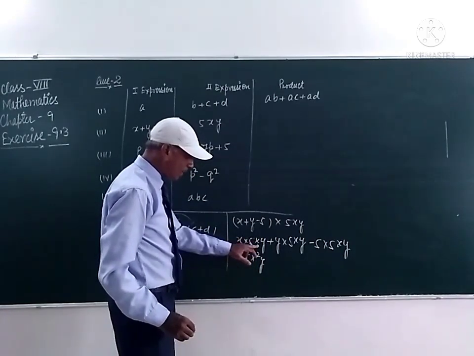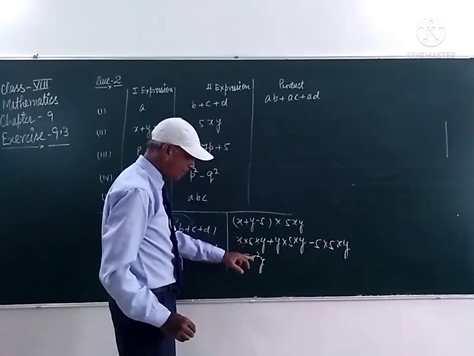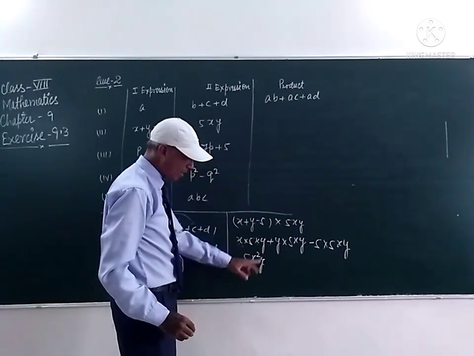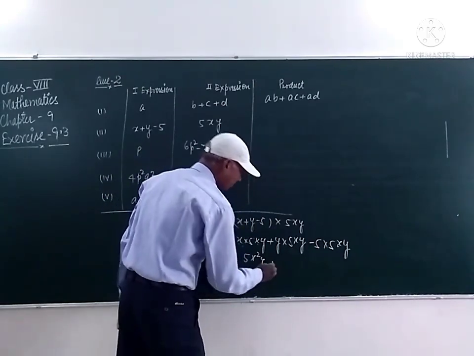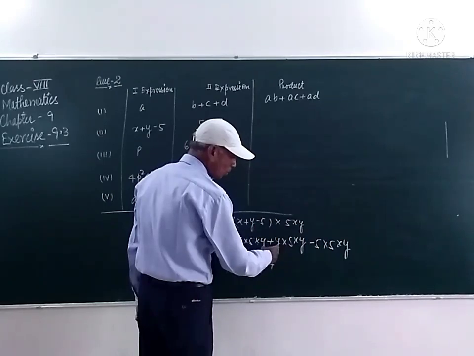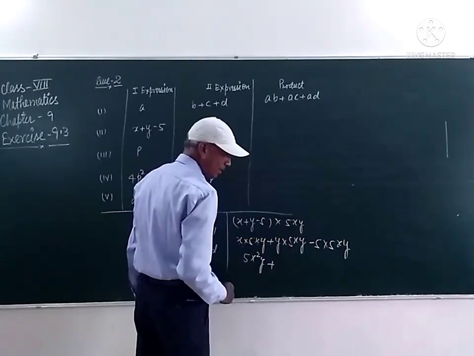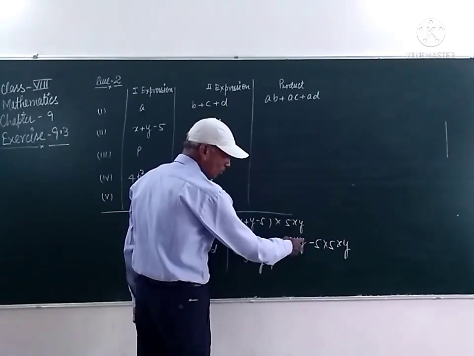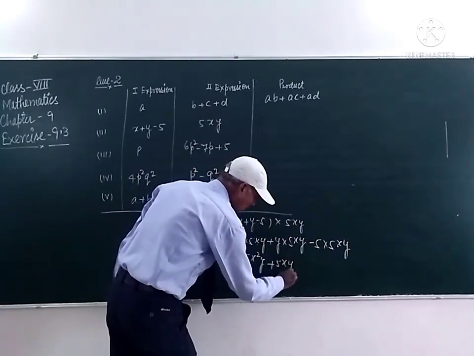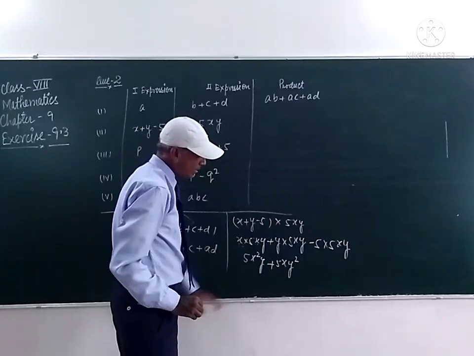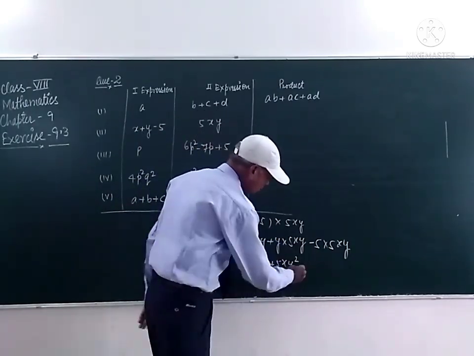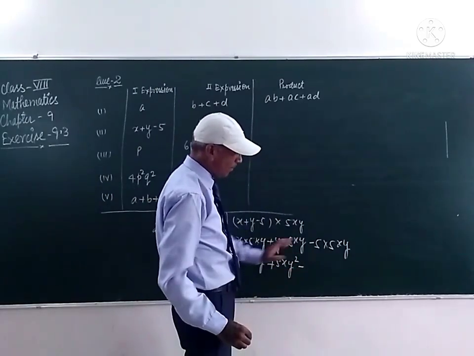So the whole expression will be 5x square y, plus this one y with 5xy. So y will be multiplied with y, so it will be y square. So it will be 5xy square. Clear, students? And in this part it is negative, minus, so we have to put the sign of minus.